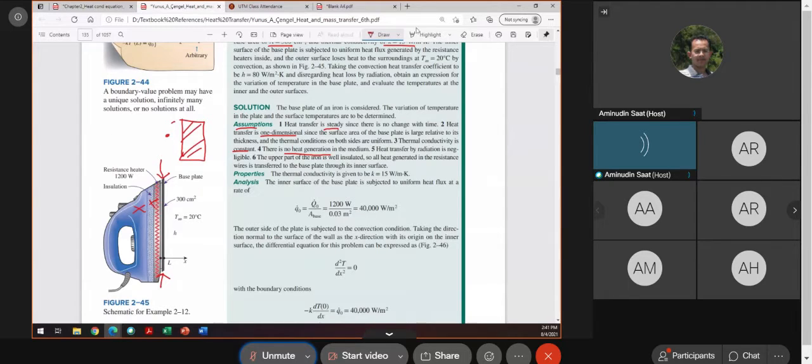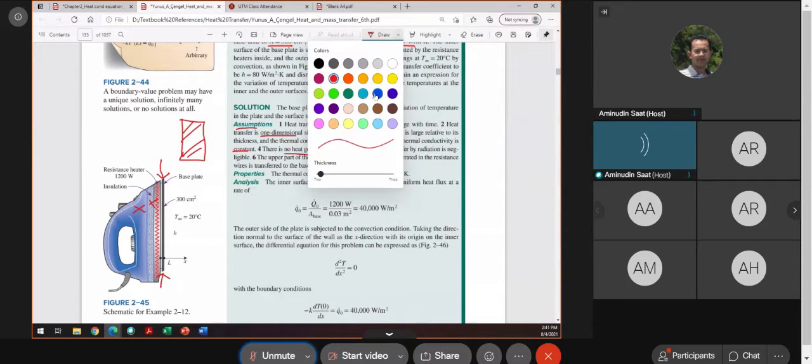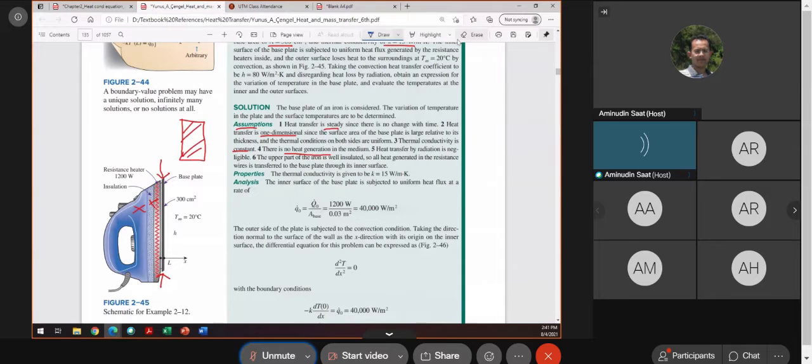How can I draw the heat flux? So here, this is the heat flux.